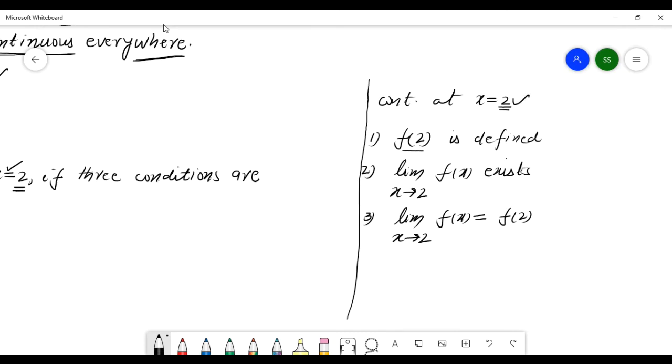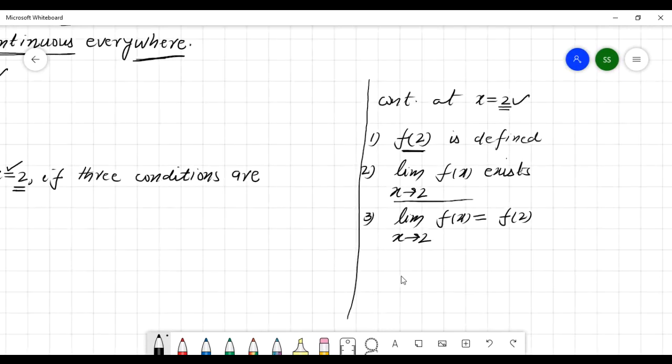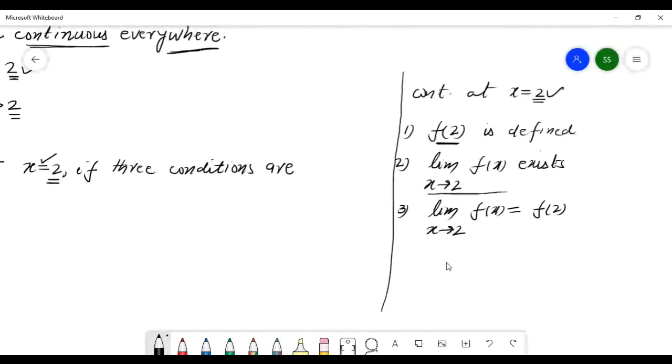Okay. So you have to find this f(2), and now find this limit. When does this limit exist? When the left hand limit and right hand limit are the same, then the limit as x goes to 2 of f(x) exists.